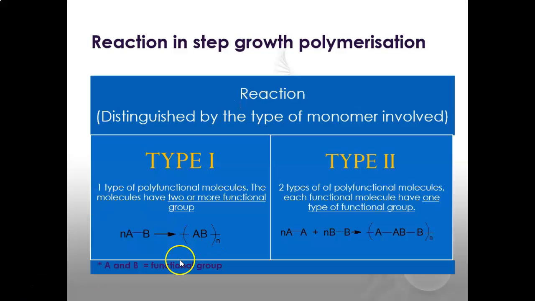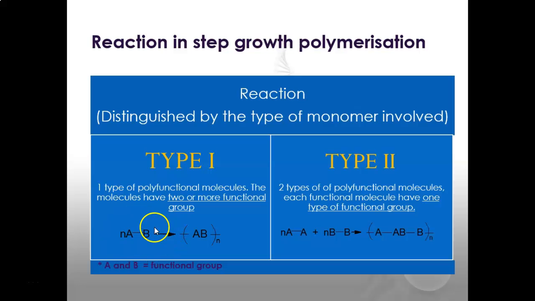A and B are functional groups, so in type 1 we call it polyfunctional, with more than two functional groups in one molecule. So this is considered as one molecule.